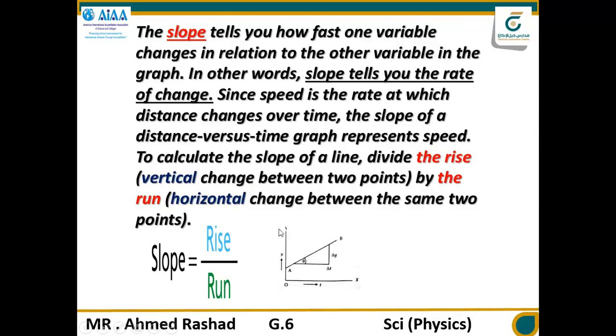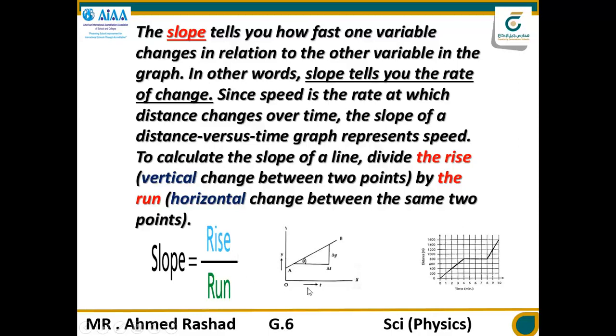rise. It's the vertical change between these two numbers, number one and number 2. So the rise is the subtraction between two vertical numbers.